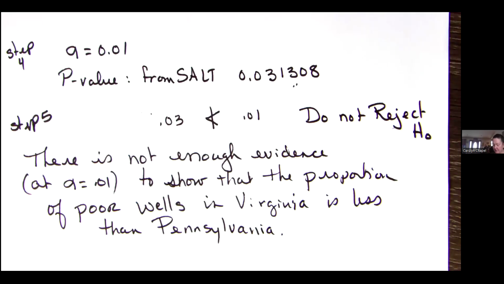Whereas if I were someone in Virginia, I might have changed that alpha level so that we would have rejected. And then I could say that Virginia has fewer poor wells than Pennsylvania, trying to pull people from Pennsylvania to come to Virginia. So there is sometimes a lot of manipulation that can happen with the alpha level and things like that.